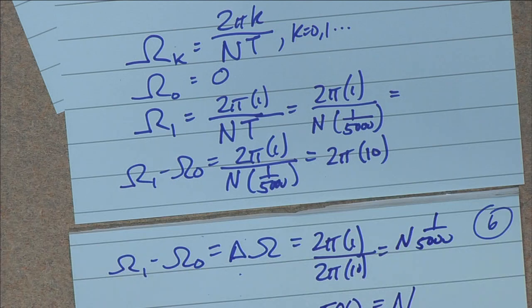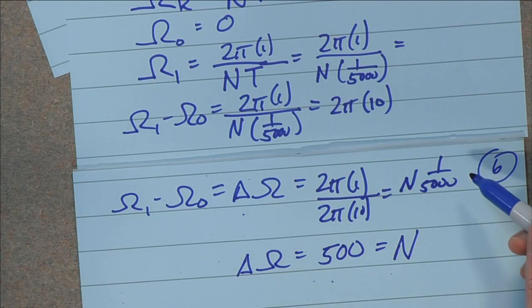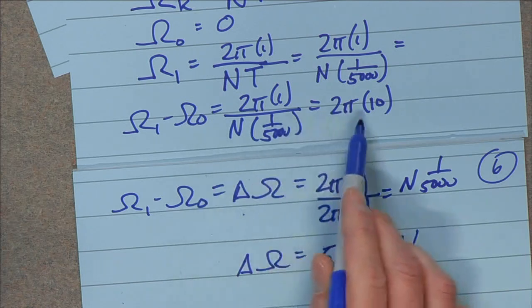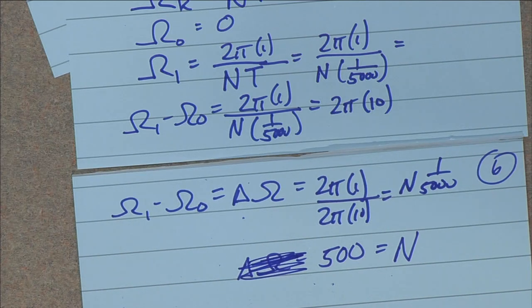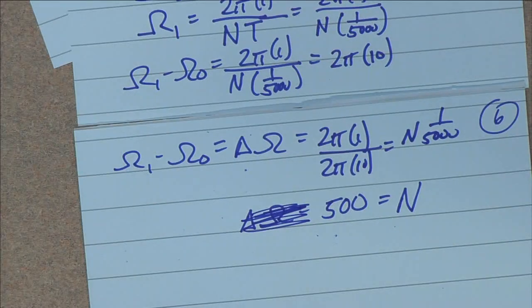I wanted to get n equals 500, but I didn't want to set delta omega equal to that. I just kind of wanted to show the difference between those. But N is the 500, and I guess we can kind of look at it by putting it back together. That might have been more of a confusing way of doing it.